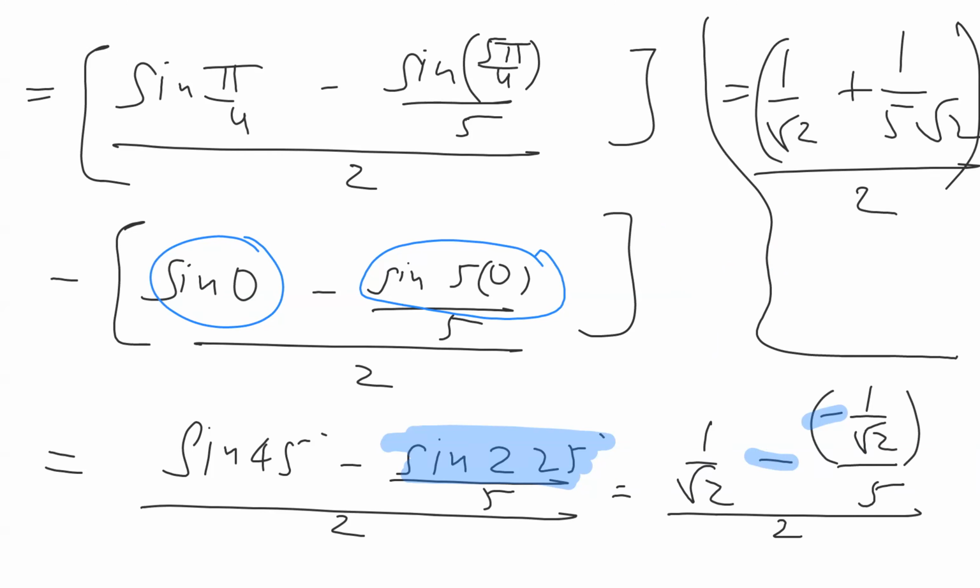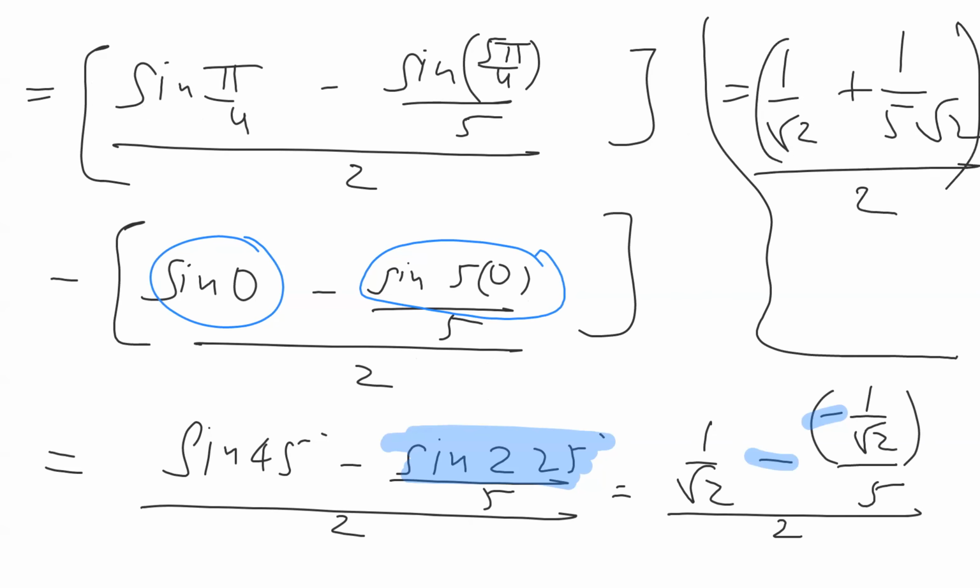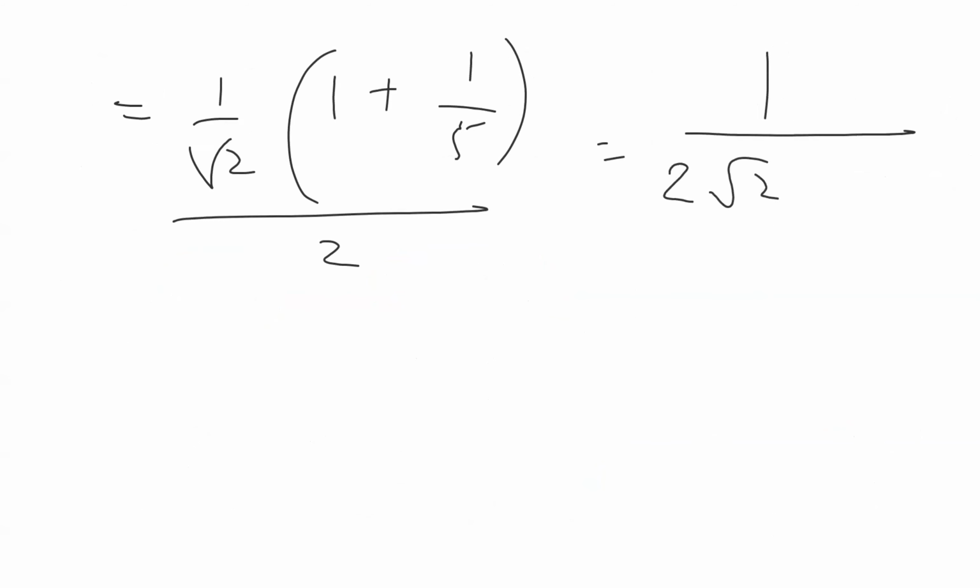So take 1 by root 2 common in the numerator. Okay. So I'm taking 1 by root 2 common, 1 plus 1 upon 5 within the bracket, divided by 2. So this is 1 by 2 root 2. These two terms will be together.